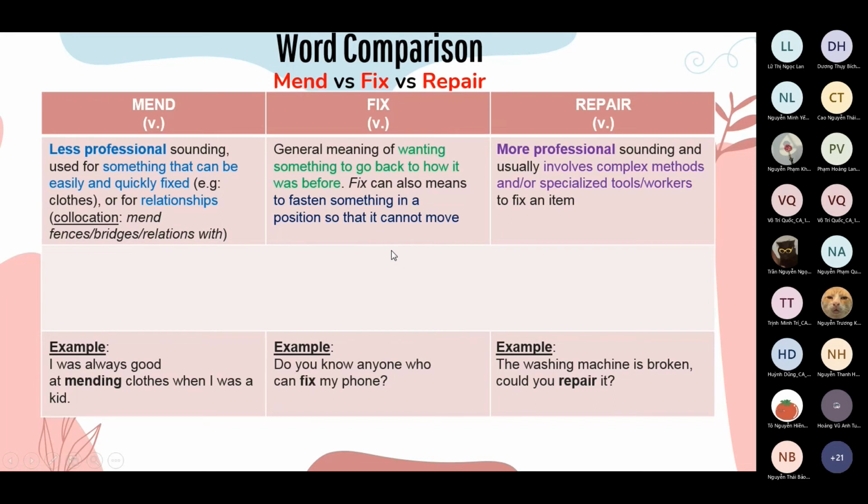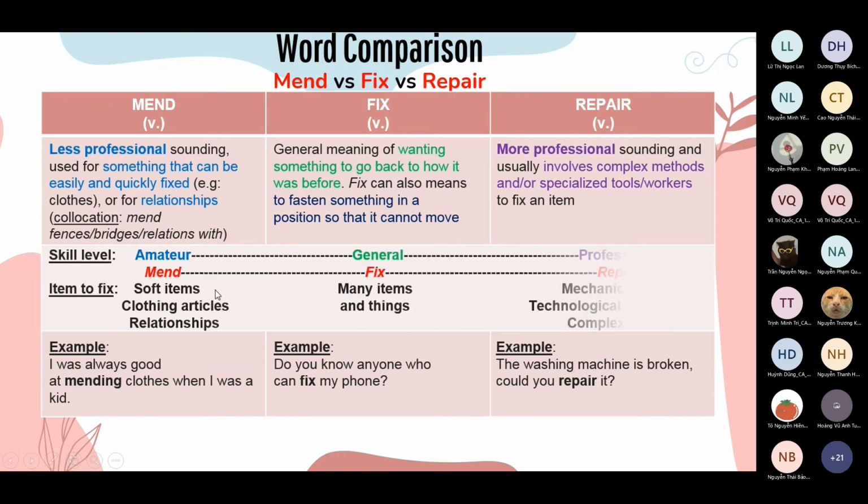Okay, in the middle here, this is a lot of information, so I have made a small graph chart, whatever you call it, for you to easily understand how to compare this set of words.